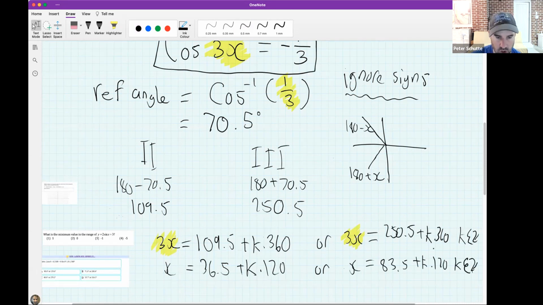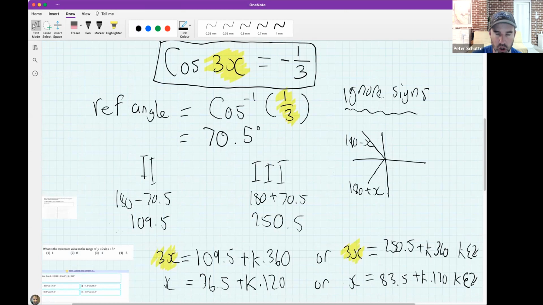And just to make sure that you believe me, if you put x back into that original equation, you will see 3 times 36.5, you apply cos, you get minus a third. Okay, so that is a little bit of a trickier trig equation with what I will call a period change, where the graph essentially compresses.